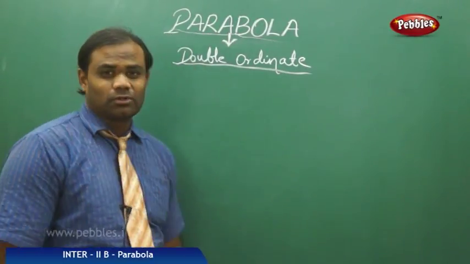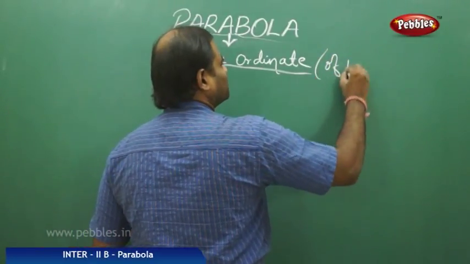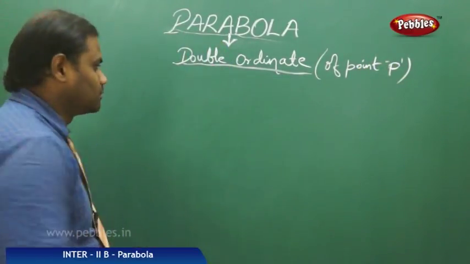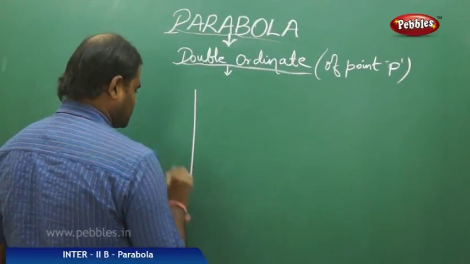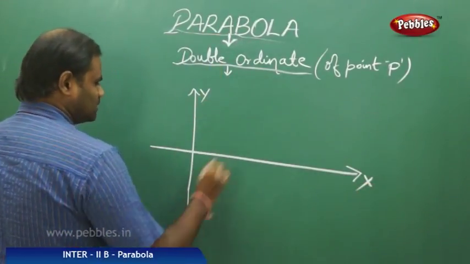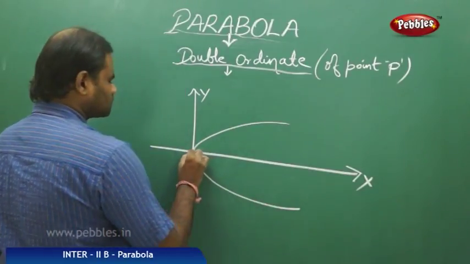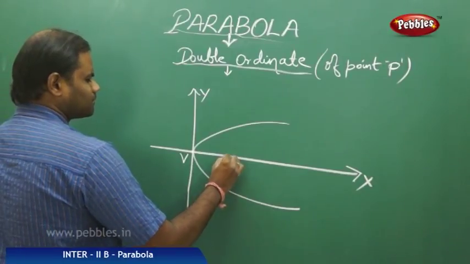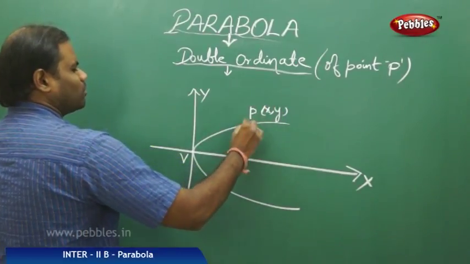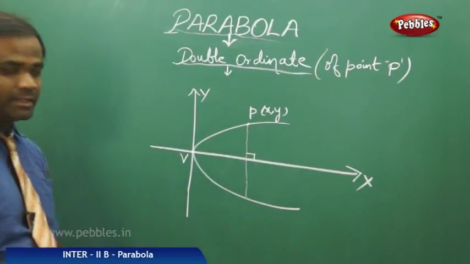Now that we have discussed the chord and the focal chord, a double ordinate is referred to the point P. The locus is referred to the point P. Therefore, if I take a parabola with x-axis and y-axis, then if I take the locus P(x, y), then the double ordinate of the point P is a chord which is perpendicular to the axis of the parabola.